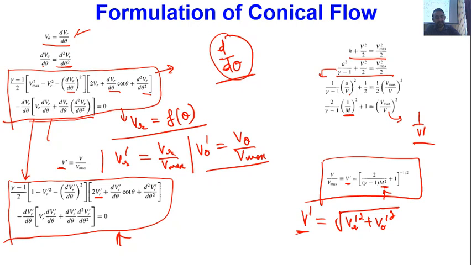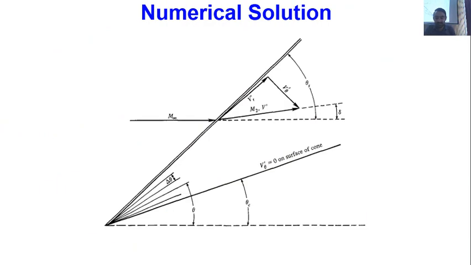The numerical procedure which is employed is actually the inverse approach. What is the inverse approach? Let me explain. We will start with the point that let us assume I have a shock wave at angle theta s.